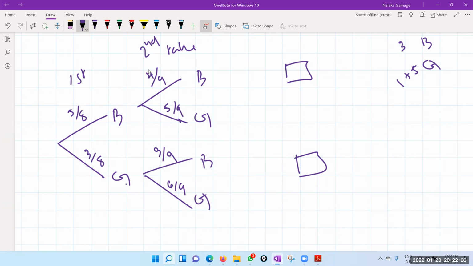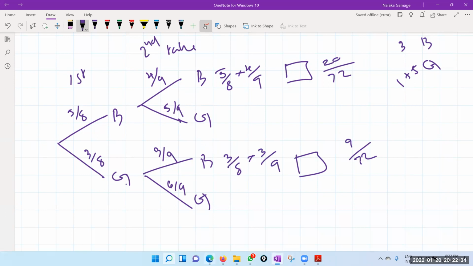That is why this is 4. So this is 5 divided by 8 into 4 divided by 9, which is 20 divided by 72. This one is 3 divided by 8 into 3 divided by 9, which is 9 divided by 72. So in both cases, the second one is black.